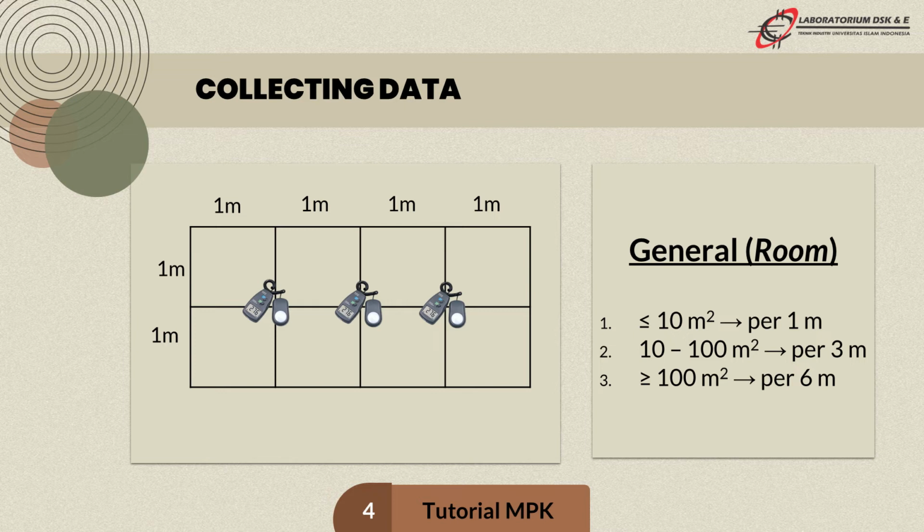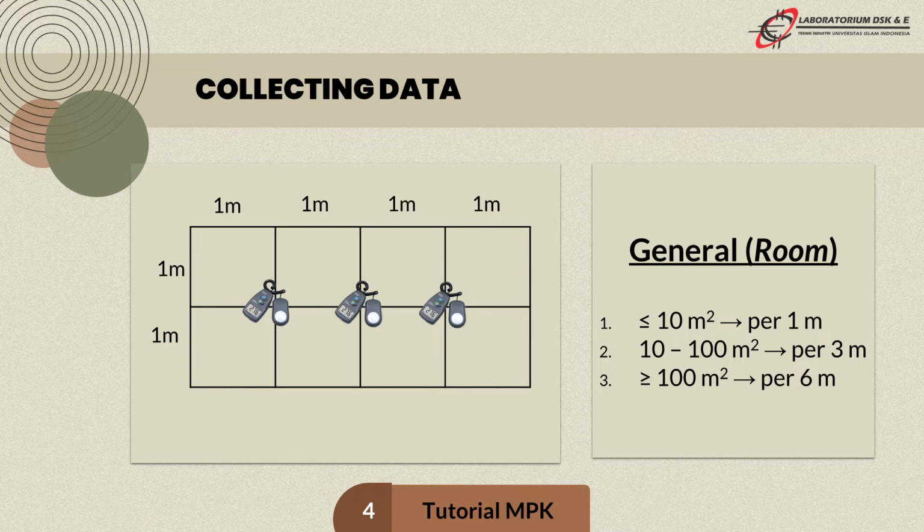If the area of the room is less than 10 square meters, the intersection points of the horizontal lines, the length and width of the room, are at a distance of every 1 meter.